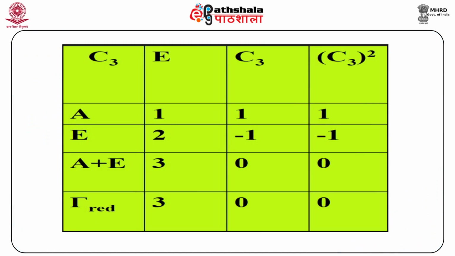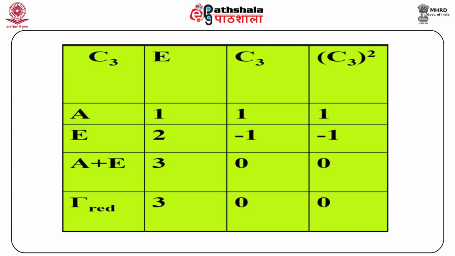In the character table for C3, under E we have 1, 1 and 2. Under C3 we have 1, minus 1 and 0. Under C3 squared, 1, minus 1 and 0.